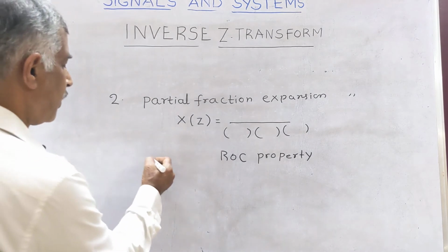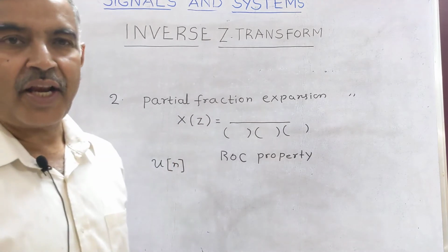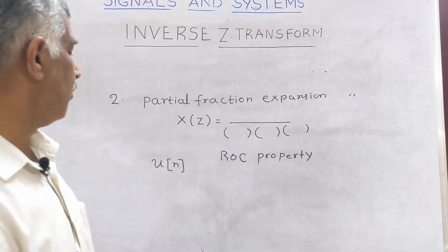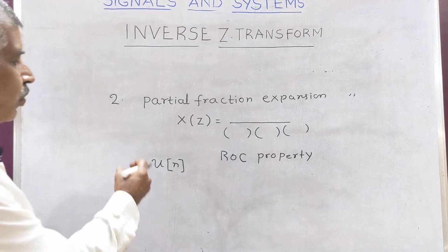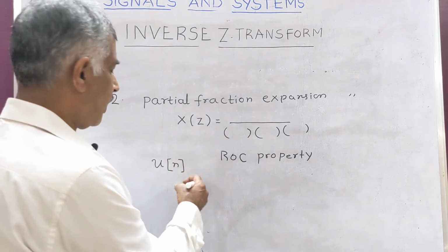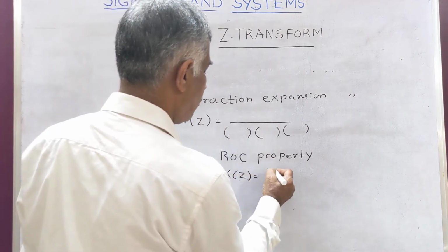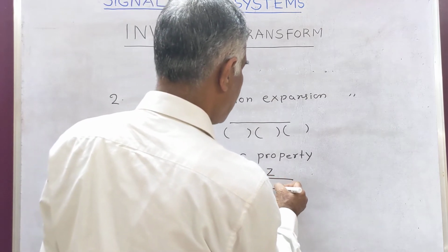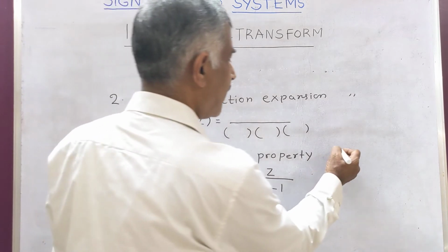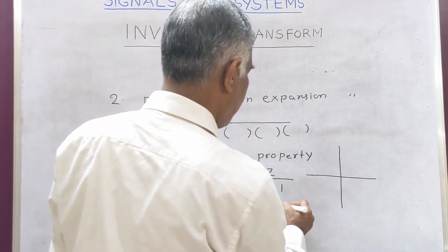For example, take u of n. It is called a right-sided sequence; I don't need to explain again what a right-sided sequence is. For u of n, the z transform is x of z equal to z over z minus 1. If you sketch the ROC, mod z is greater than 1.